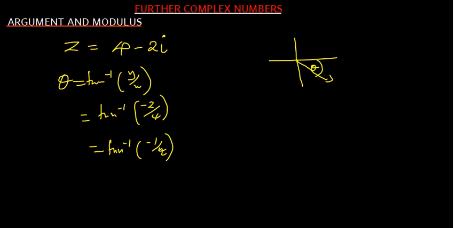So let's punch it on the calculator and see what we are getting. Taking tan inverse of negative 1 over 2, which is the same as negative 0.5, in radians the answer is going to be negative 0.464 radians. So this is the angle here, negative 0.464. So that is the value then.